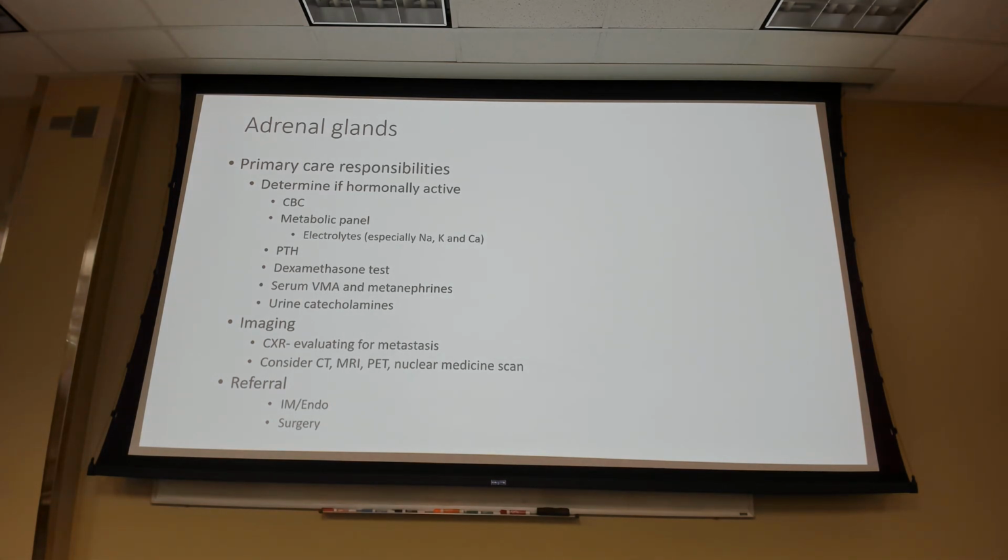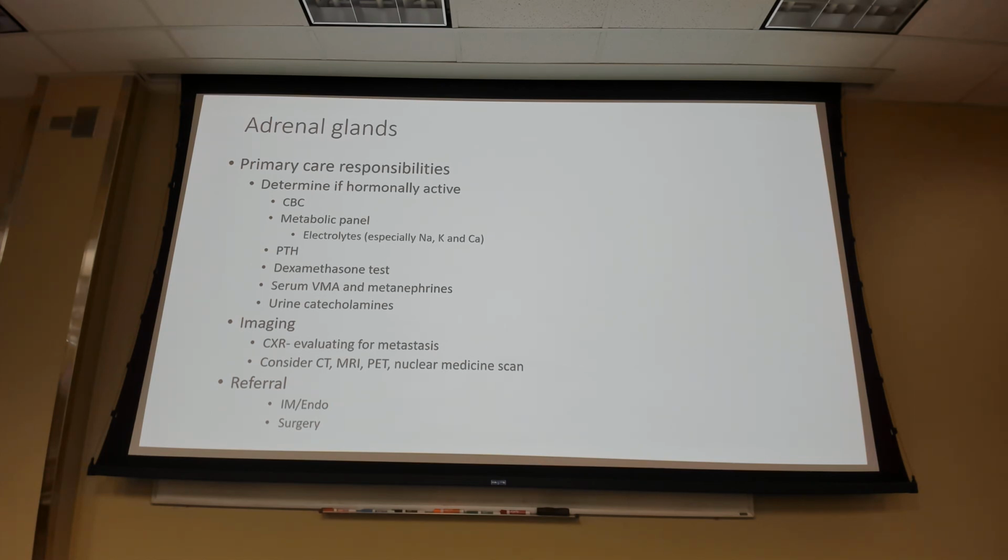All right, so what do we do in the primary care setting? What is your guys' job here? You obviously want to get the CBC, a comprehensive metabolic panel, and we want to check the parathyroid hormone. If it's indicated, we can do a decadron suppression test, and we can measure serum VMA, which is just an acid that we can run with the metanephrines.